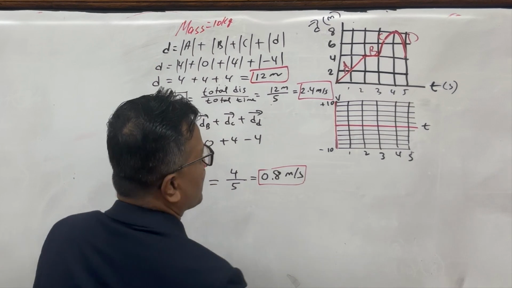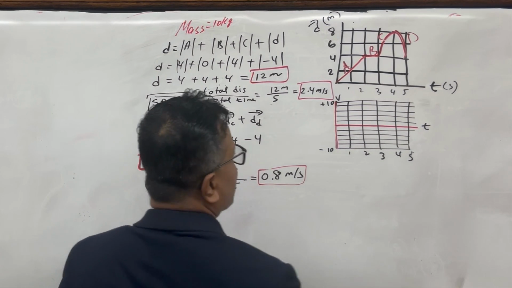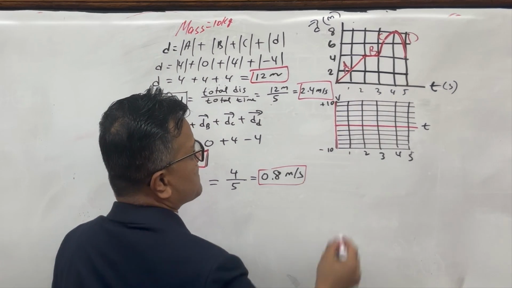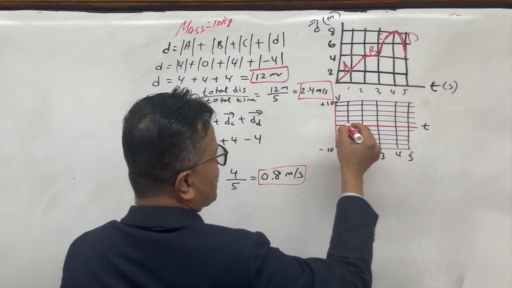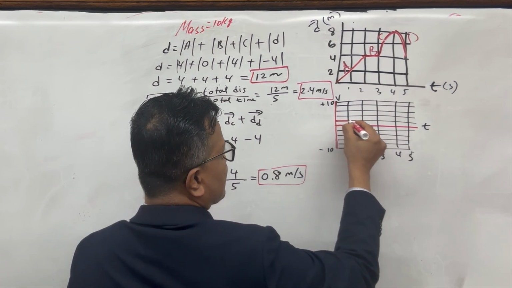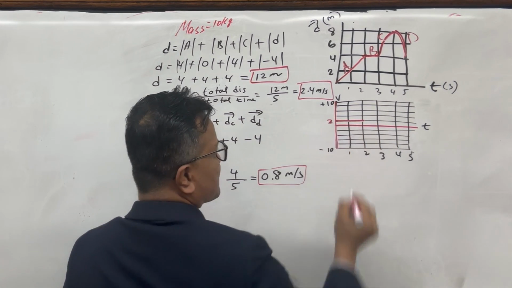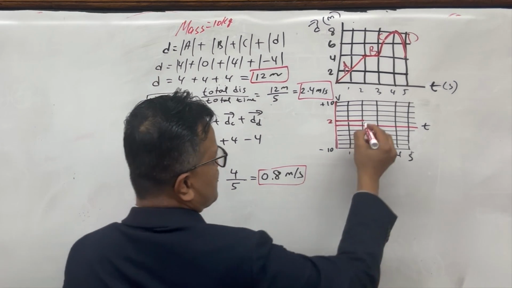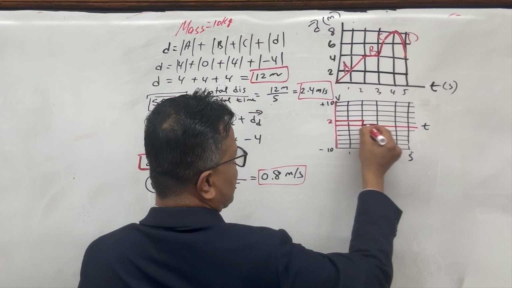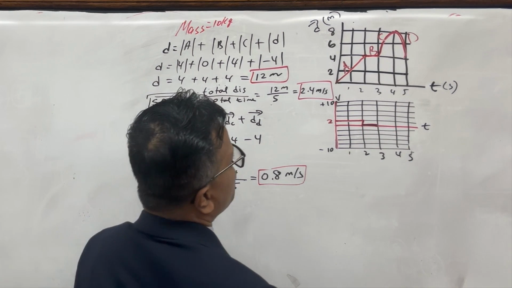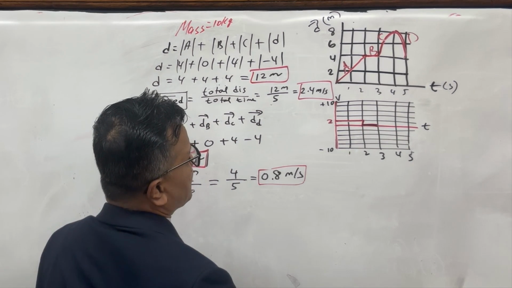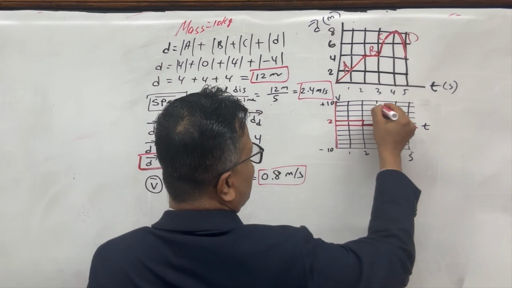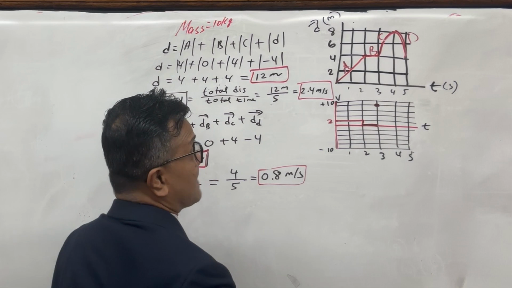So what's going on? What is the object's velocity from 0 to 2 seconds? The object's velocity is 4 divided by 2, which is 2 meters per second. And from 2 to 3 seconds it is 0 meters per second. We are not sure what the velocity is exactly at 3 seconds, so we're just going to assume the velocity is something big at 3 seconds.